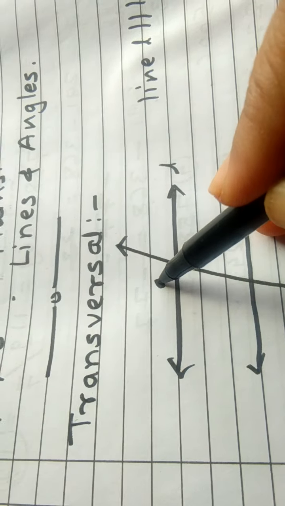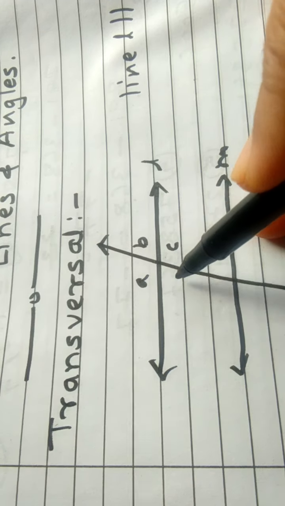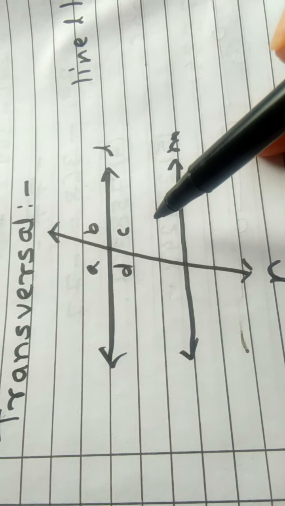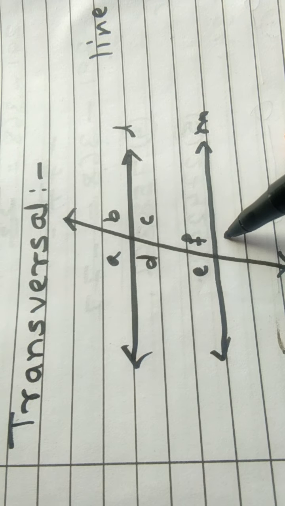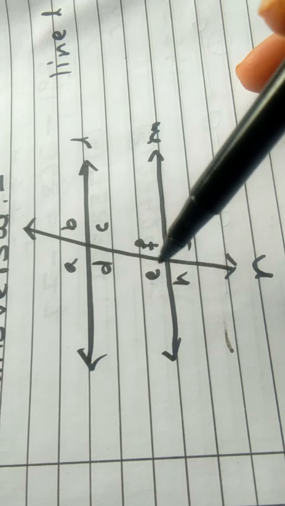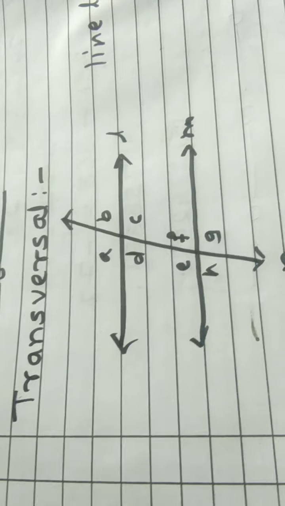So this is angle A, B, C, D. We have given the names A, B, C, D, E, F, G, H to these different angles so that we can easily name them.